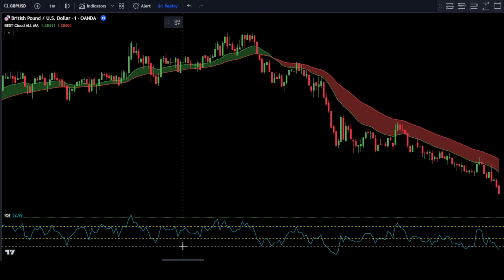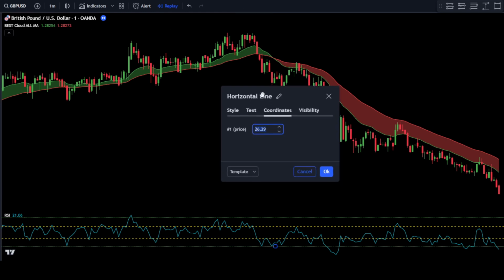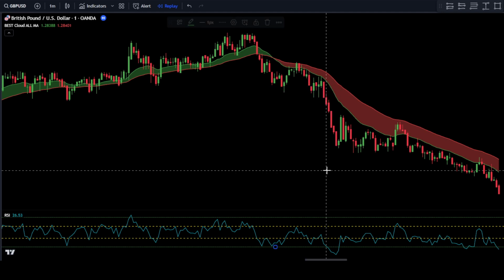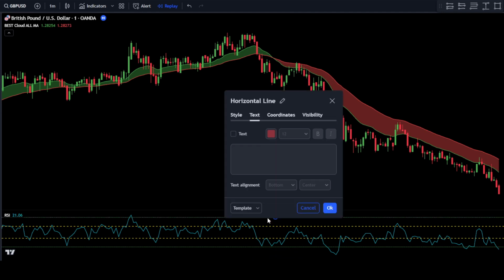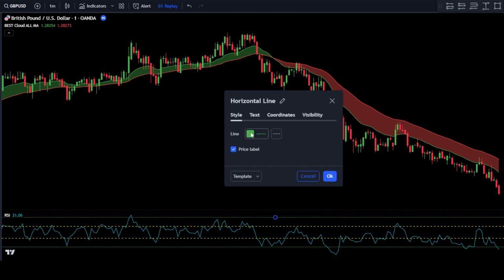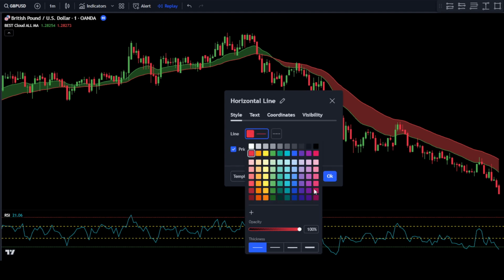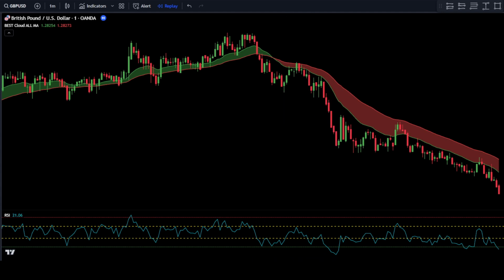Go to the Line tab and add a horizontal line to the RSI indicator. Set the coordinate of the horizontal line to 25. Next, change the color of the two horizontal lines to your preference. Now your indicators are ready to be used.